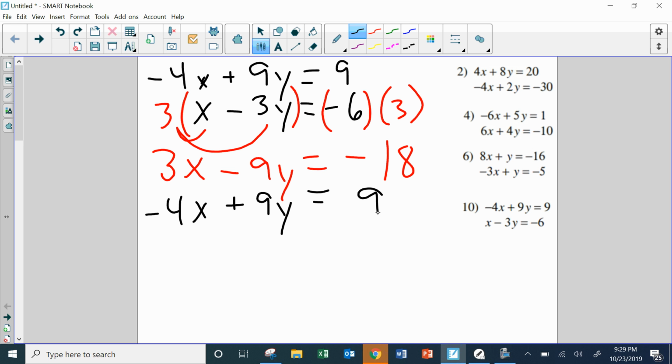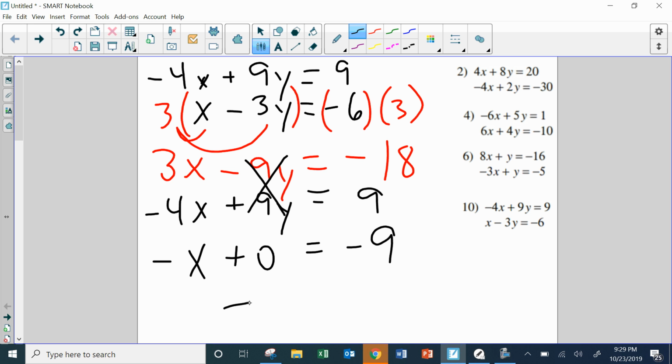So this one cancels out really nicely. I get negative x here, because negative 4x plus 3x is negative x. That all goes to 0, so plus 0, and that's going to equal negative 9. Negative 18 plus 9 is negative 9.